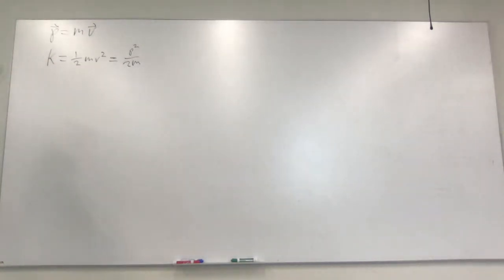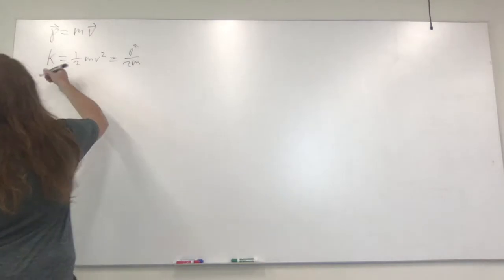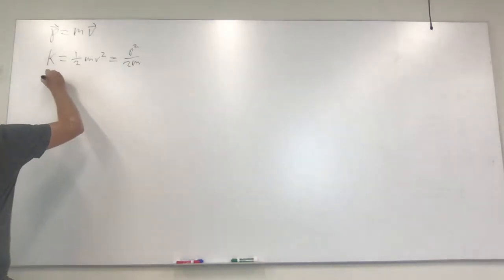So we'll be looking at, well, there are two main types of collisions. There's elastic collisions, which are collisions where kinetic energy is conserved.